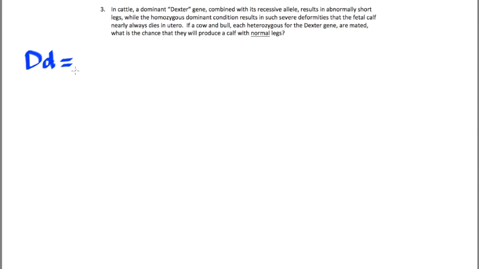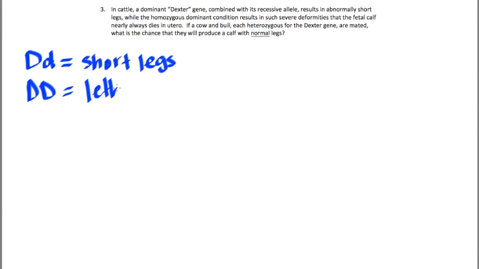That would be Dexter, that would be short legs. And big D will be lethal. And then little d is going to be normal.